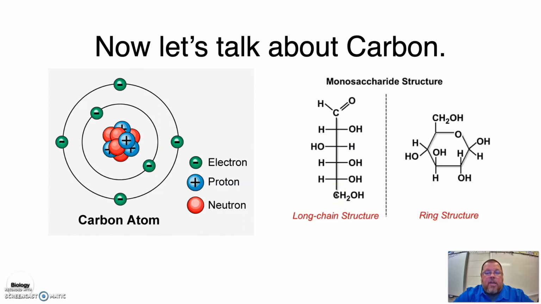If you continue to count, you'll see that there are 6 oxygens and 12 hydrogens. We'll talk a little bit more about the ratio of atoms when we get into the actual organic compounds in future lectures. Over here, the same molecule is in a ring form, and so again we would have our 6 carbons. There would be 1, 2, 3, 4, 5, and then 6 out here.